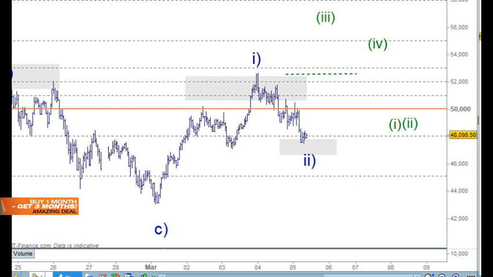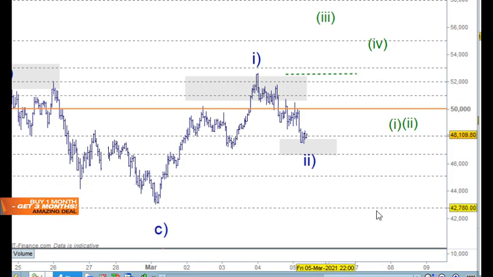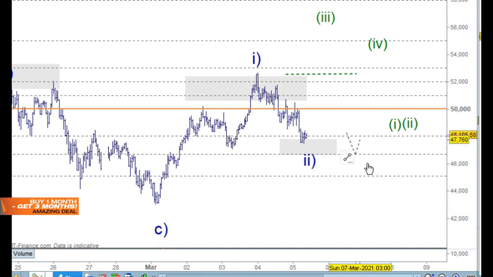In this regard, we can look at this low here at 46,700. If that becomes the retested resistance, then that would be going down further from that point, and you've got yourself a short trade at that point. At least that's one thing.